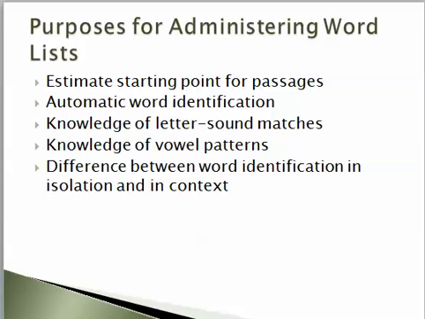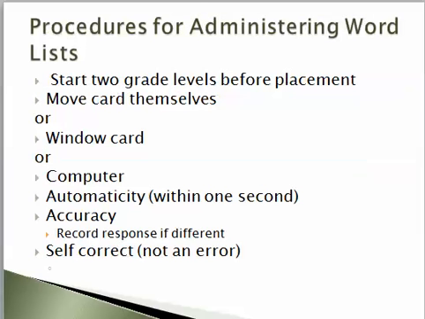When I mark the words that they say incorrectly and write them to the best of their pronunciation, I can then do an analysis to see what kind of letter-sound correspondence, what kind of letter-sound matching we have going on. I can also look at the medial sounds, those vowel sounds, to see are they getting the right vowel sounds. I can also compare the words in isolation to the words in context, because in the passages, those words that are underlined are the words that are on the word list.